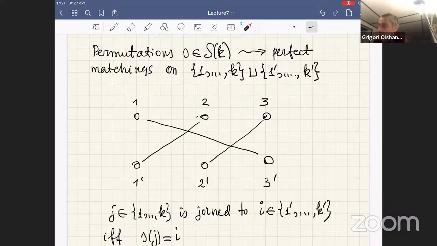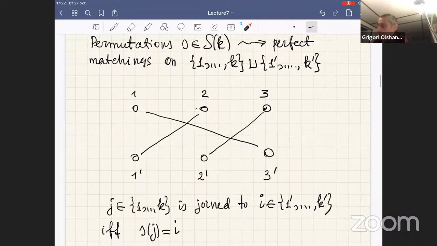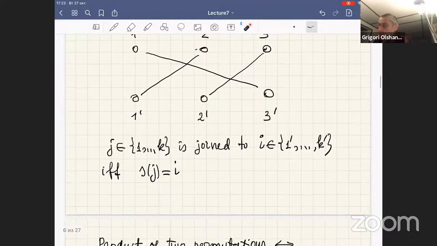So something like this. And this picture in particular represents the permutation which sends 1 to 3, 2 to 1, and 3 to 2. So it's quite natural.